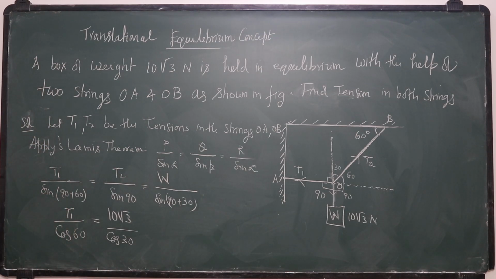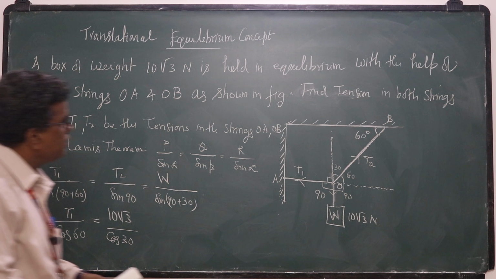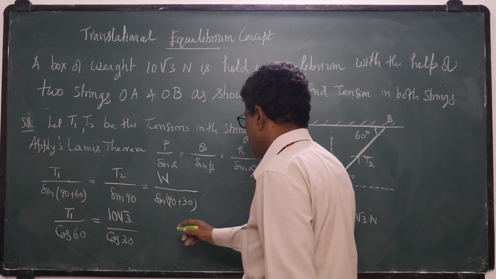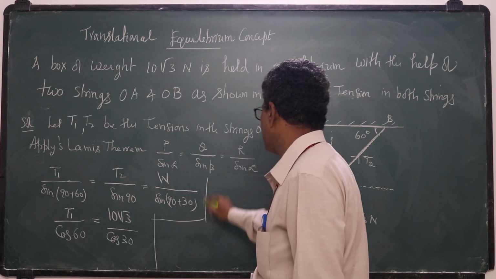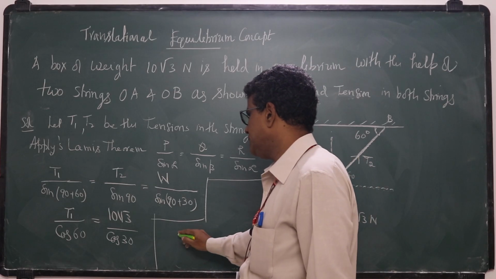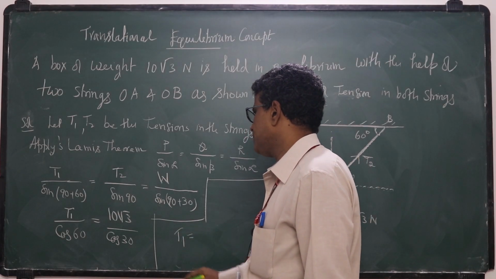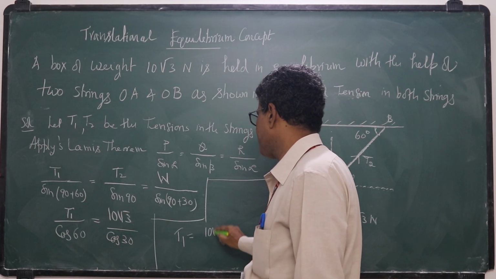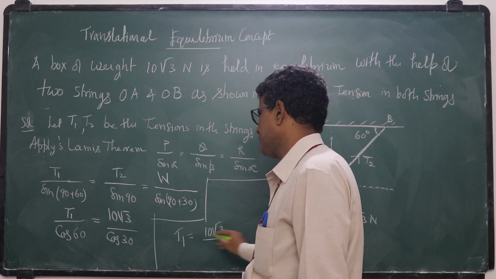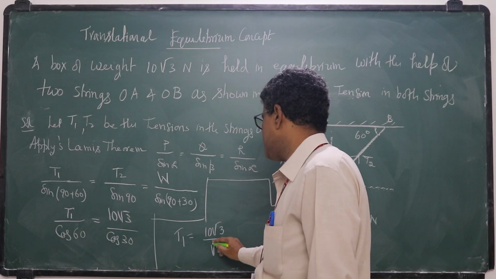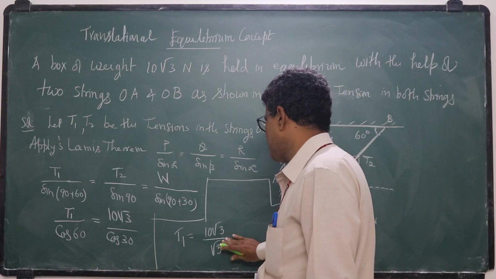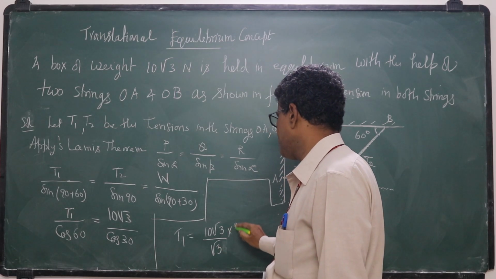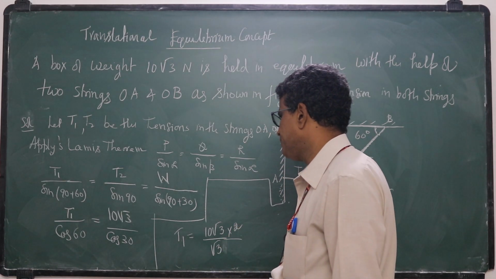So what is T1? 10 root 3 times cos 60 divided by cos 30. Cos 30 is root 3 by 2, so I bring the 2 up.